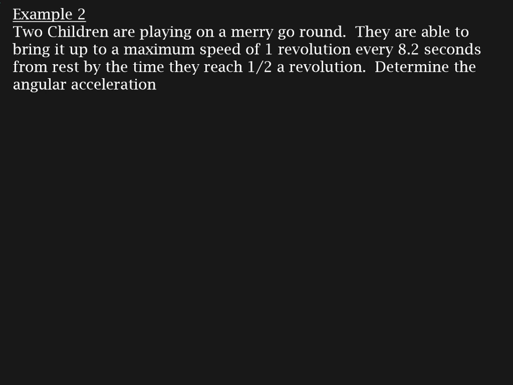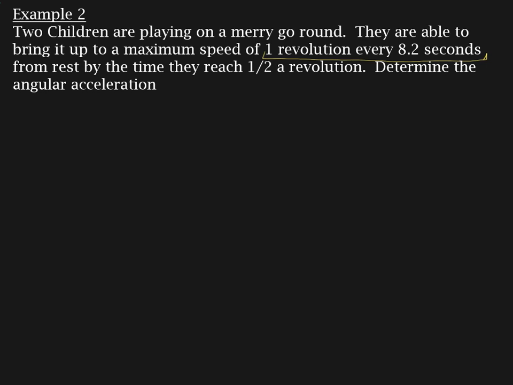And the final speed is going to be 1 revolution for every 8.2 seconds. So take a minute, see if you can figure this out. This is a very unorthodox way of writing omega, but it is still omega. So let's see what you come up with.